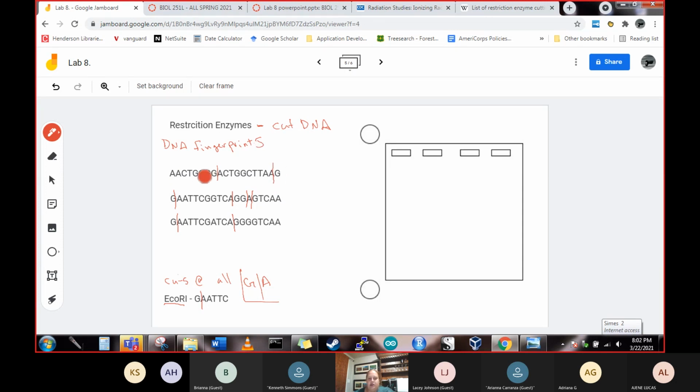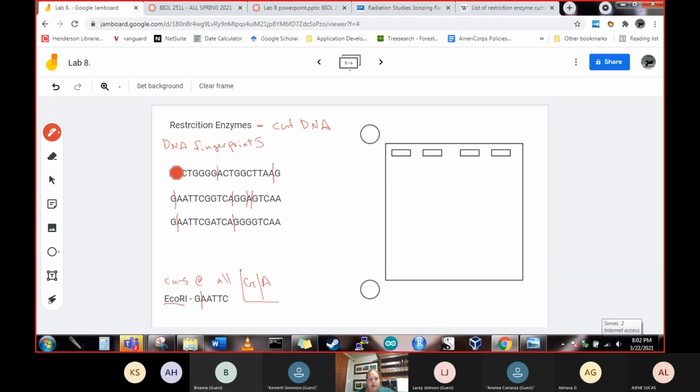There are actually other technologies as well, but restriction enzyme DNA fingerprints are one of them. Let's just say that these were our three different humans, and we were trying to see who was related to who.